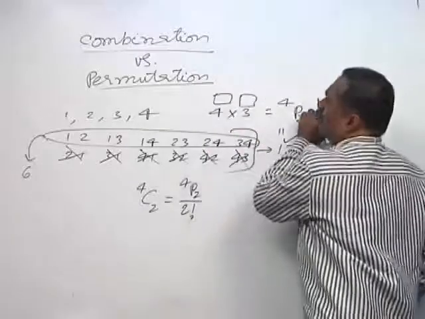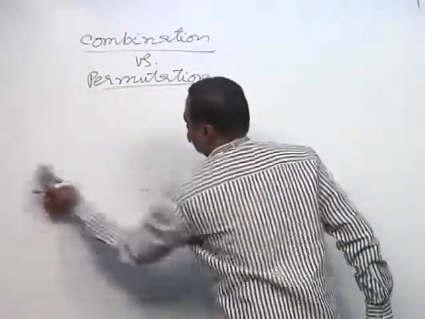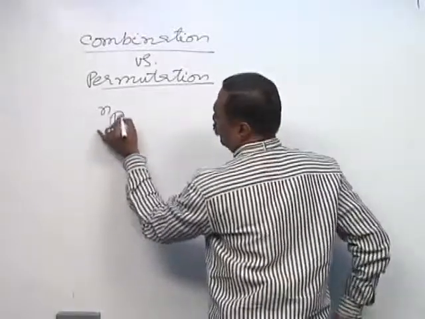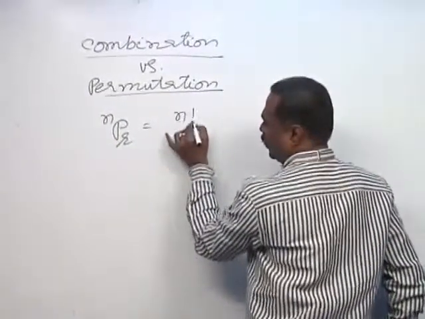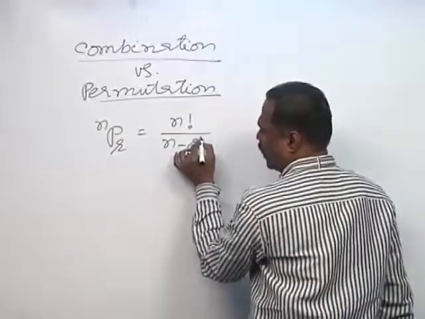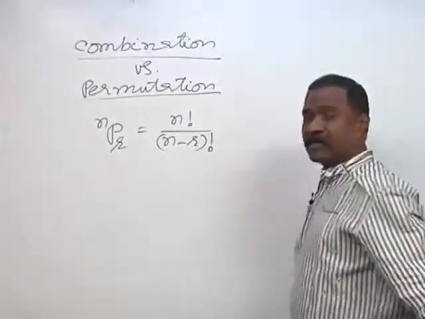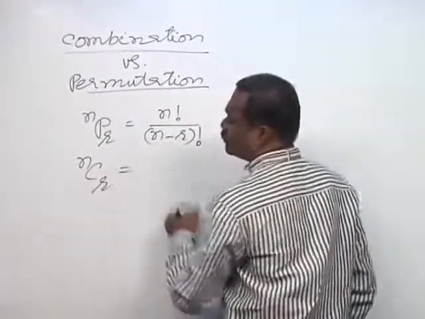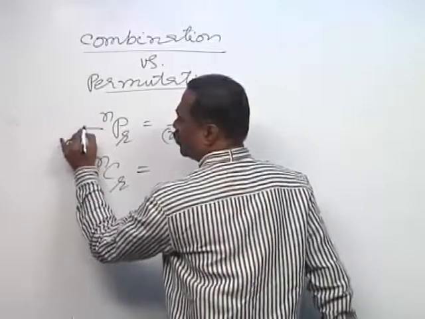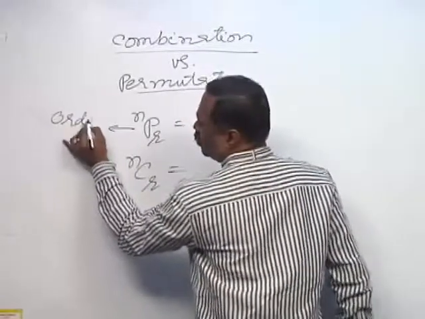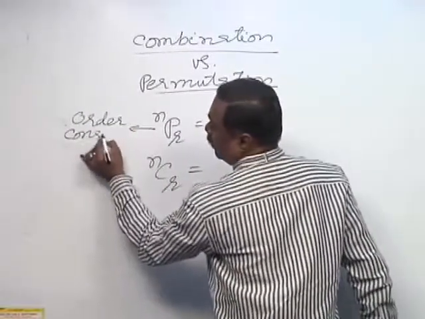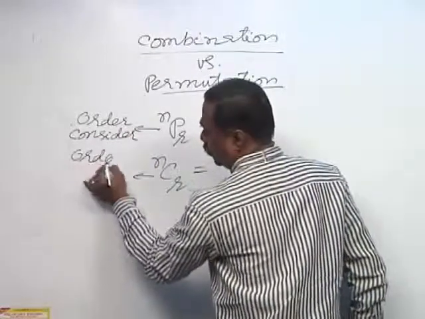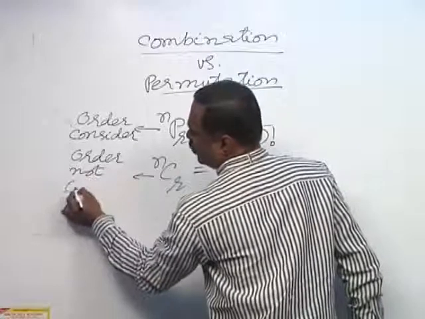So now, combination versus permutation. We have already derived the formula for nPr in the previous class, that is nPr is equal to n factorial upon (n minus r) factorial. But what is nCr? In this one, order considered. In this one, order not considered.